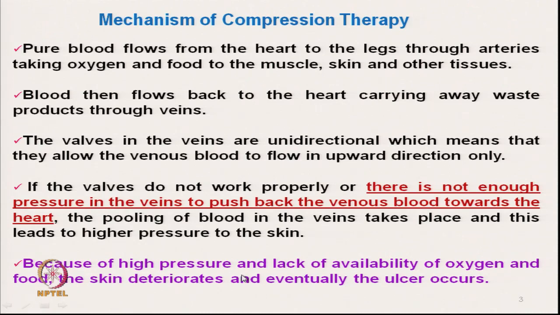Because of high pressure and lack of oxygen and food, those bloods are accumulated there, they are not coming back, not getting purified, the skin deteriorates, and eventually the ulcer occurs. So, this deoxygenated blood should come back to the heart.